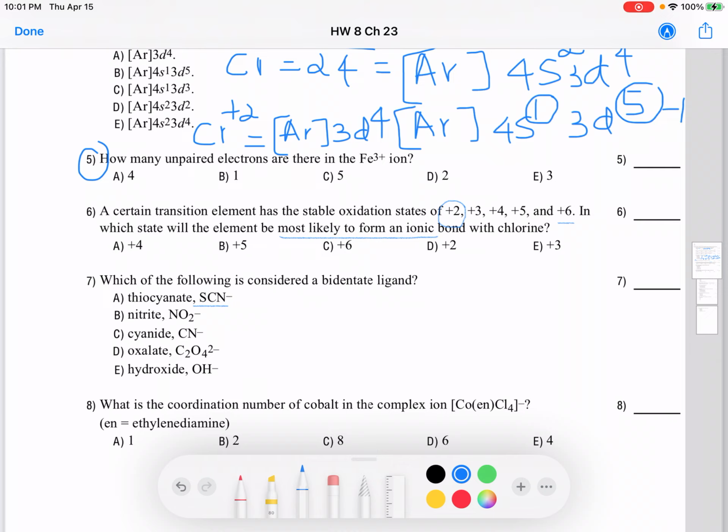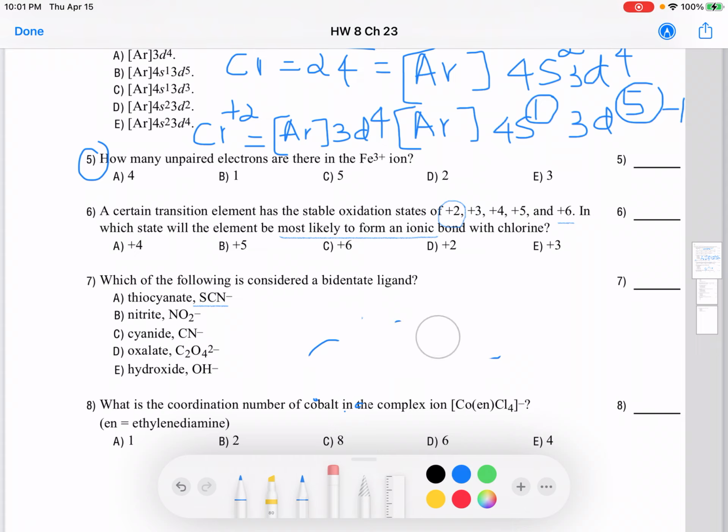It can participate either through nitrogen or through oxygen, one at a time, but not by both at the same time.